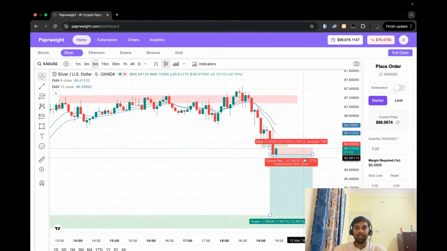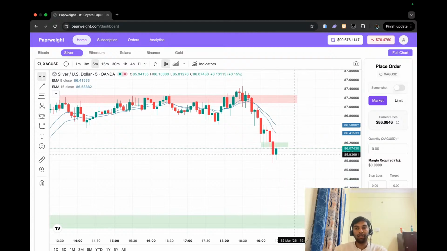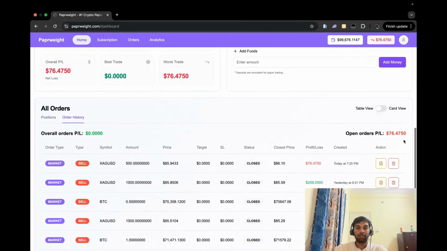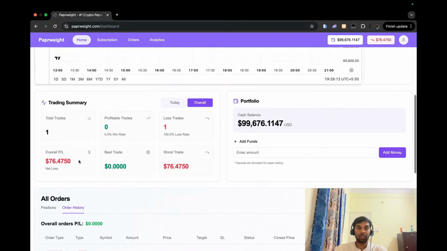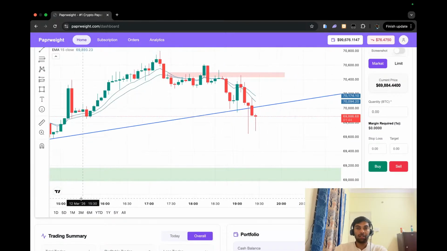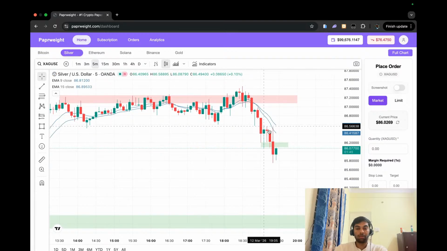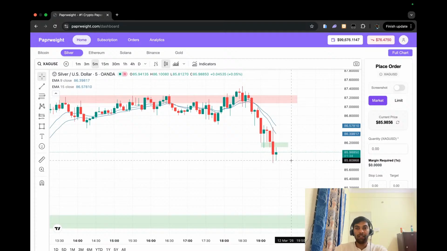Will take the position again, but this is the pullback that we lost our first trade. So our first trade is $76 loss. We'll jump in again at 8580.